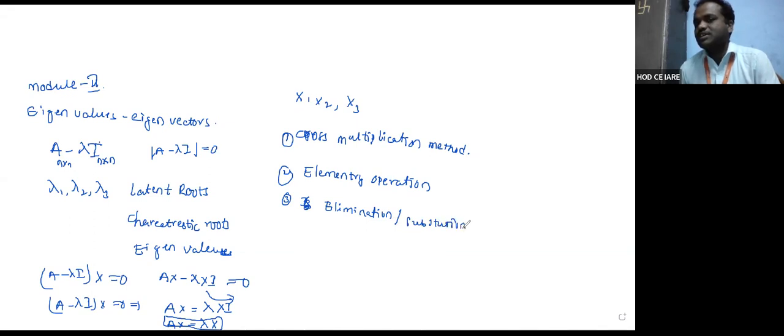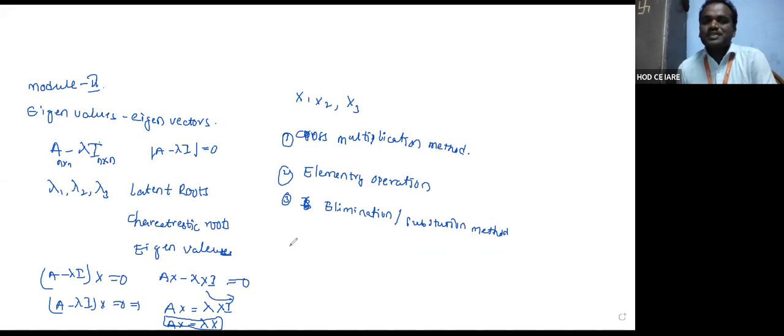Those are the methods we have to use in finding the eigenvectors. So this is one part of eigenvalues and eigenvectors in the second module.